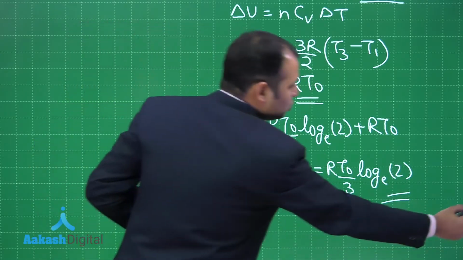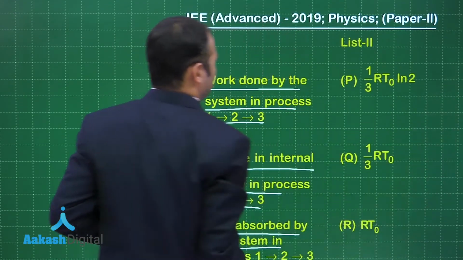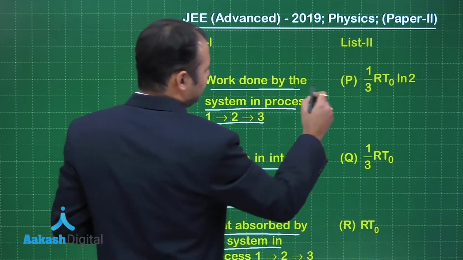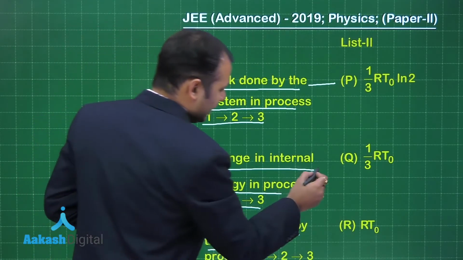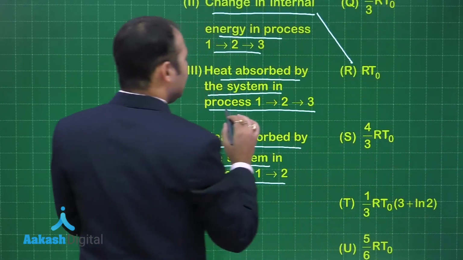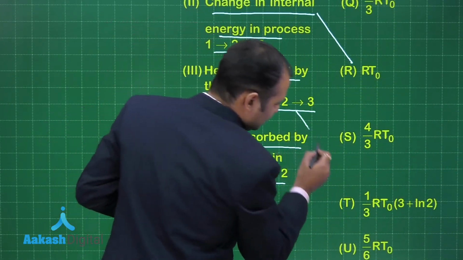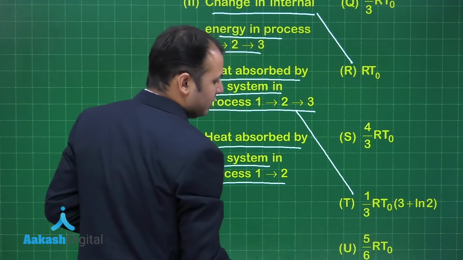Let's see which is the best suited option. For the first option, that is work done, we have this, right? Now for change in internal energy, we had RT naught. Then for the process of heat absorbed, we had this, that is R T naught by 3 plus natural log of this one.